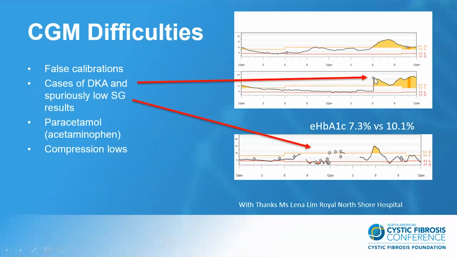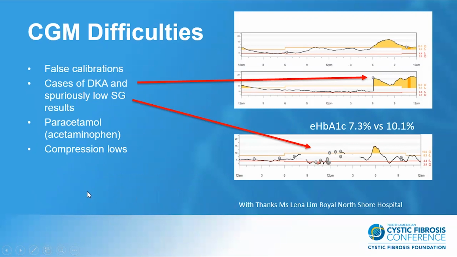When eventually the abdominal pain, nausea and vomiting got them to go to hospital, he was noted to be in DKA. And this person, also a teenager, was putting in numerous false calibrations, resulting in a much lower estimated CGM-based HbA1c than true HbA1c.